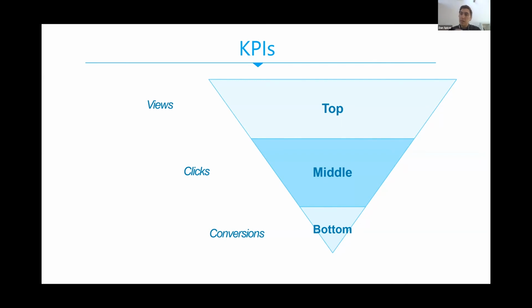If you're using middle of funnel tactics, that's where clicks is obviously important, because you want to click people into your website. But then once they've clicked into your website, you should be running bottom of funnel remarketing tactics, and that's where conversion and sales metrics obviously become key.